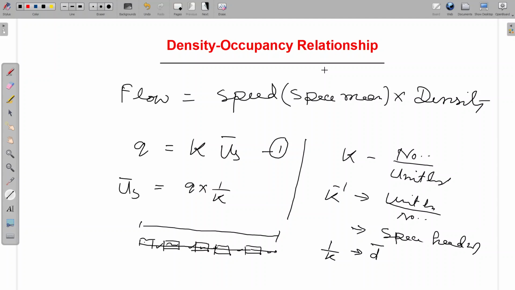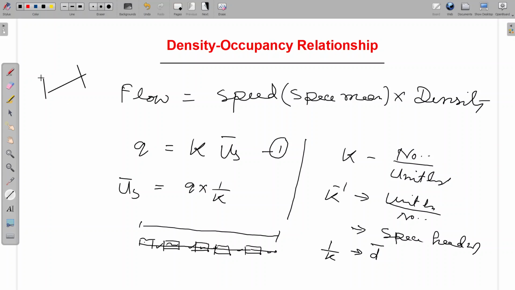If you take a photograph of a road of length 1 kilometer, count the number of vehicles.